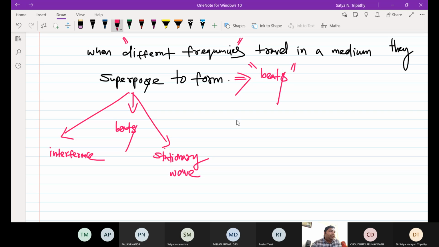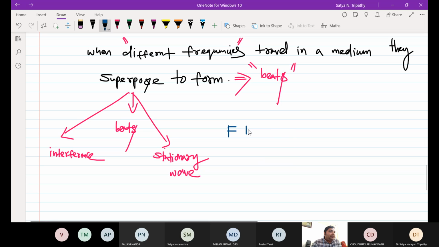So what will happen? The total amplitude is basically 0 to infinite. I take the many frequencies. So 1 by 2 pi. Okay, can you tell me this formula that I'm writing? Just have a look. This is actually the large scale form of the beats, the common way to write beats.